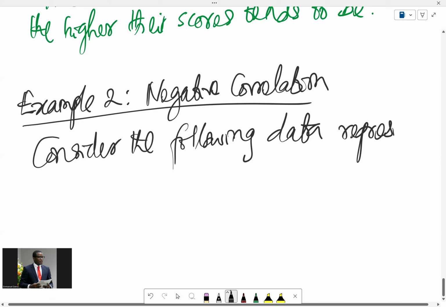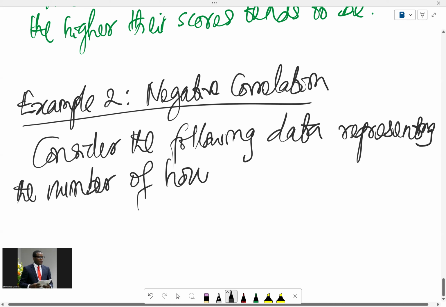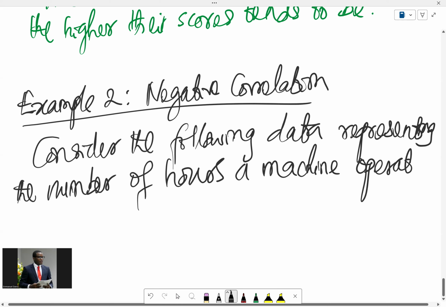representing the number of hours a machine operates before breakdown.